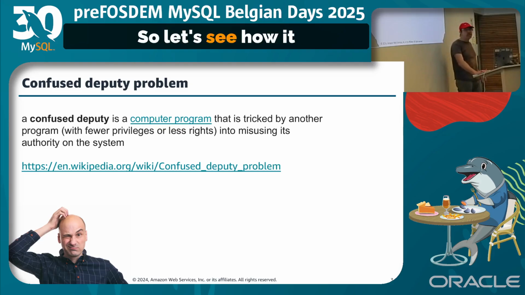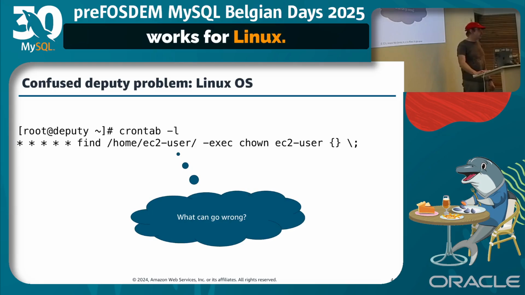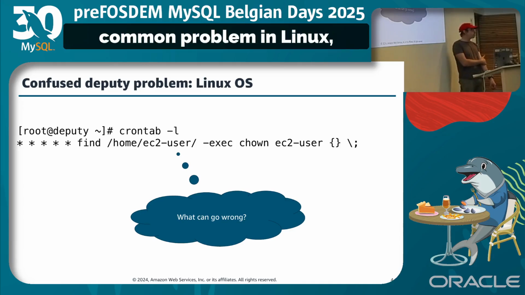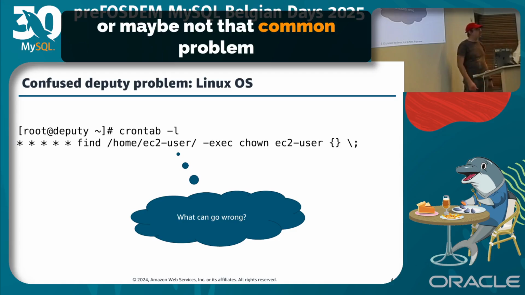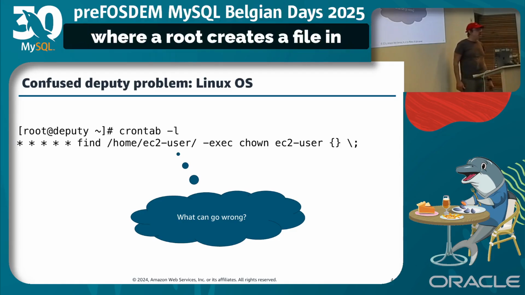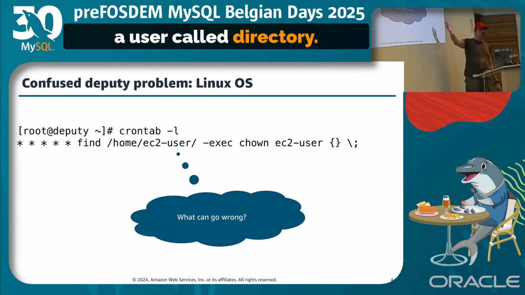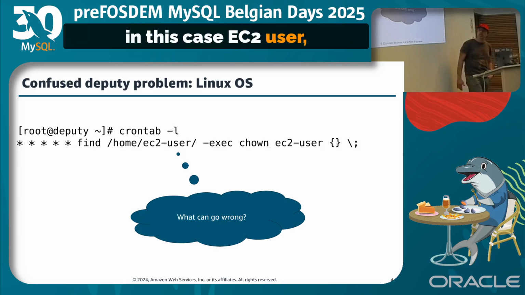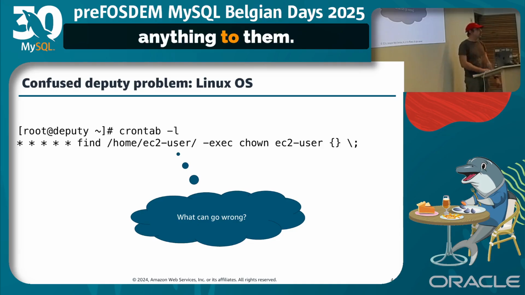So let's see how it works for Linux. Let's imagine that we have this common problem in Linux, or maybe not that common, where root creates files in a user home directory. This is not good because that user, in this case ec2-user, a normal Linux user, will not be able to do anything with them.